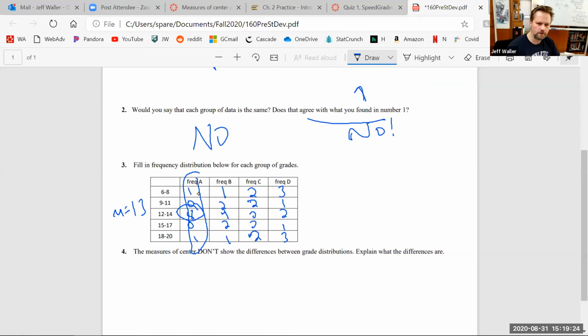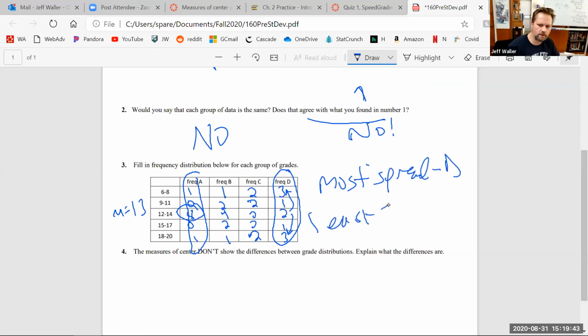And then group D, more of them got further away from home, right? So which group is obviously more spread out? Group D. Yeah, the most spread is D. And the least spread is A. And of course, the 2 in the middle kind of go. So least spread, a little more spread, a little more spread, most spread out.